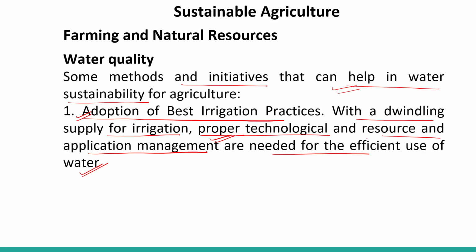How to save our resource, how to use our resource judiciously, this is very important. And also the application of the management. We must follow some management practices for using water judiciously. If we are using these two things, then we can adopt the best irrigation practices.